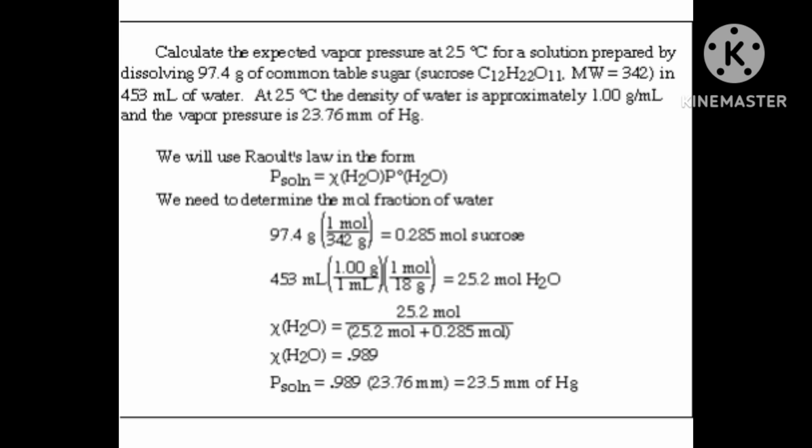The formula I have already told you: P1 is equal to Y1 into the total vapor pressure. The total pressure you know, and Y1 you have to calculate. P1 is equal to Y1 into total pressure. Y1 you do not know, but P1 you know.